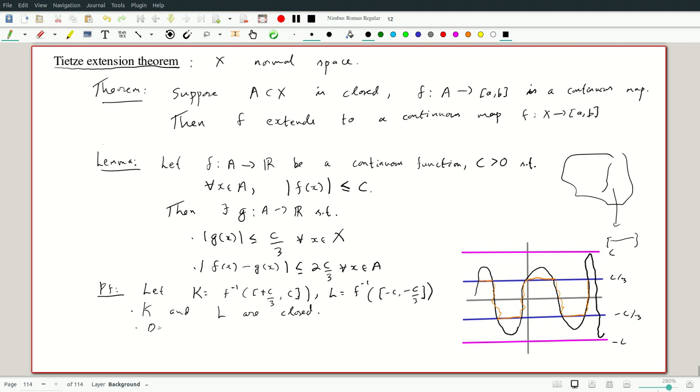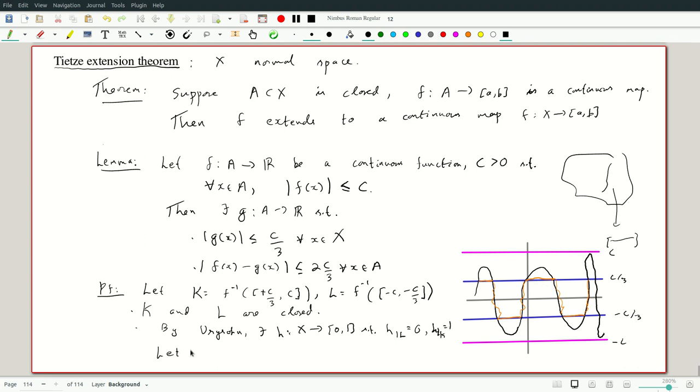Okay, so define, let's say, H. We'll get H which goes between 0 and 1 by Urysohn. There exists H mapping X to [0, 1] such that on L, which is the lower part, H restricted to L is equal to 0 and H restricted to K is 1.